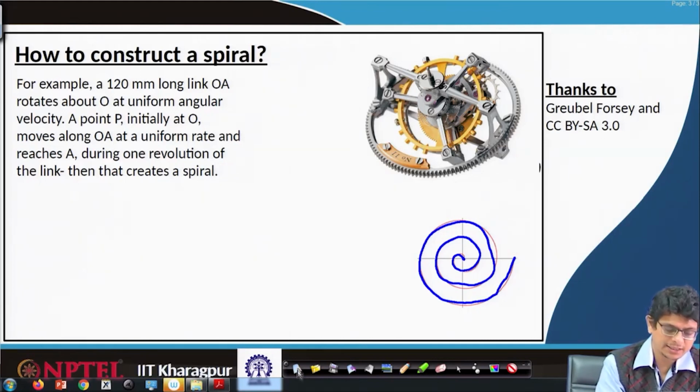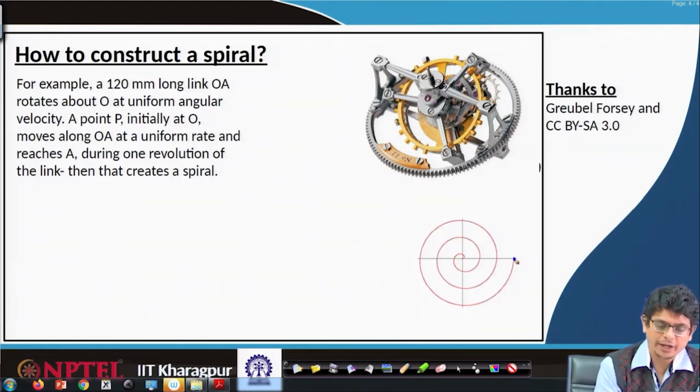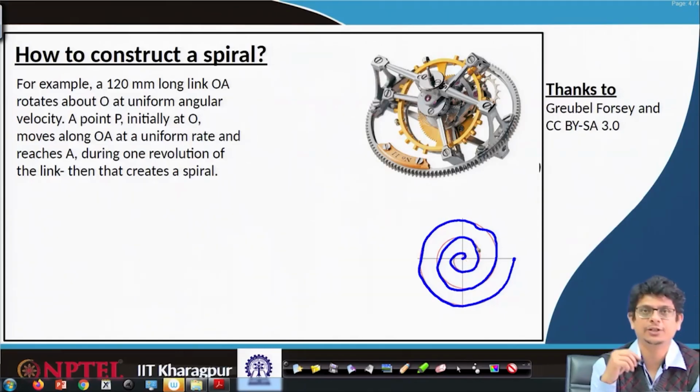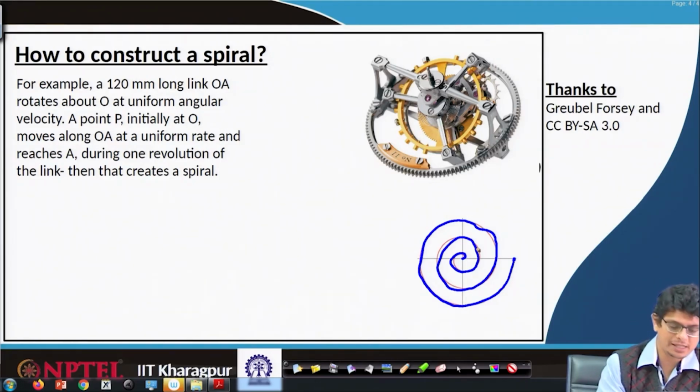The other way is, the point starts here and goes with uniform angular velocity; as it goes inside, the radius continuously decreases. Finally, it reaches 0. Such shapes or curves we call spirals. How to construct such spirals?